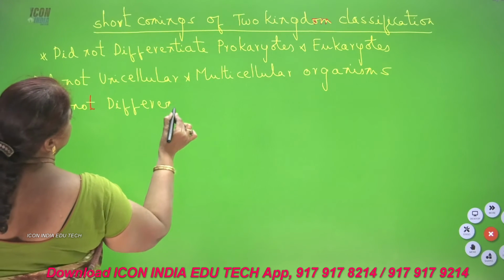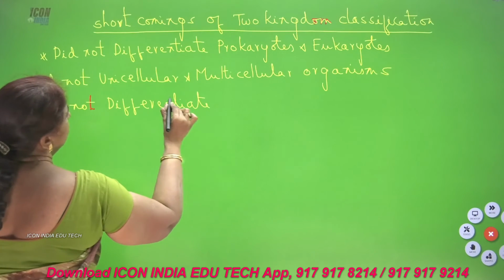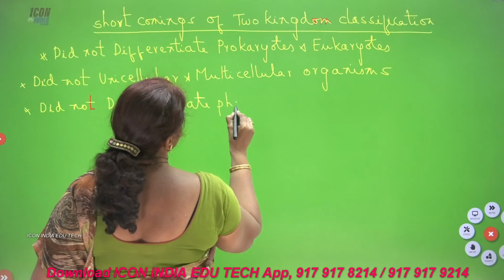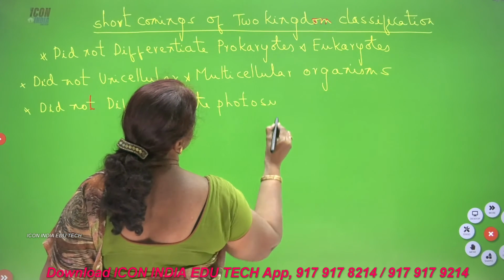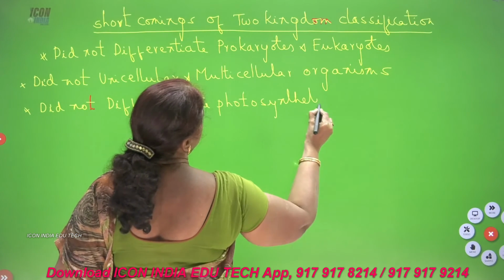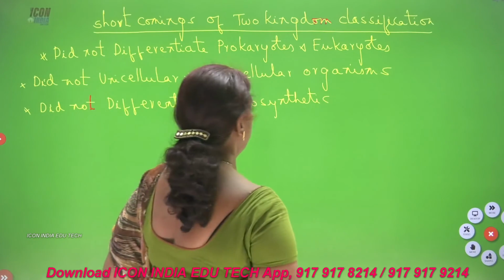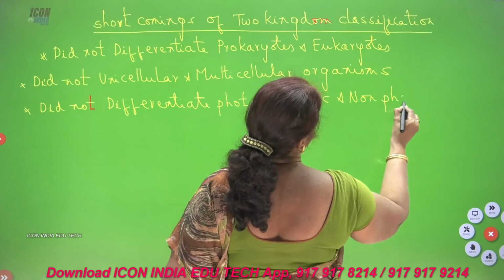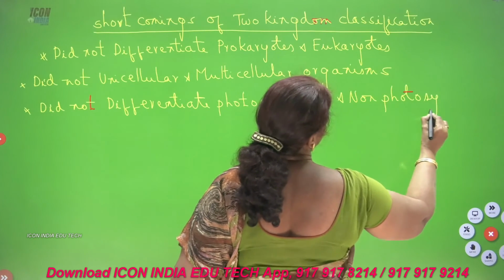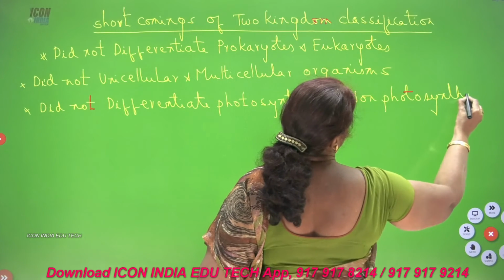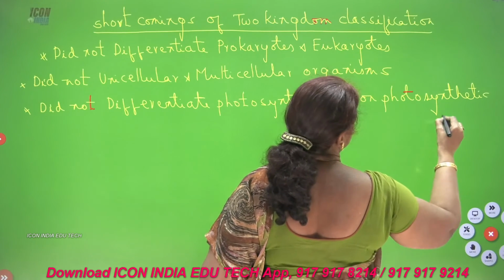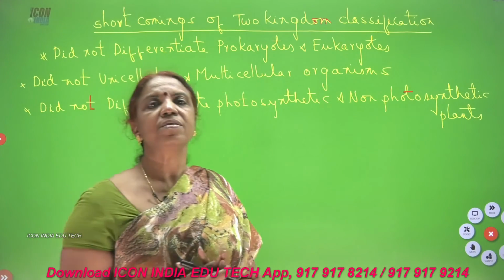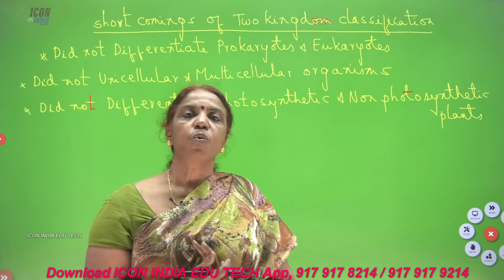They did not differentiate photosynthetic plants and non-photosynthetic plants. The photosynthetic plants are the green plants, whereas the non-photosynthetic plants are the lower plants.